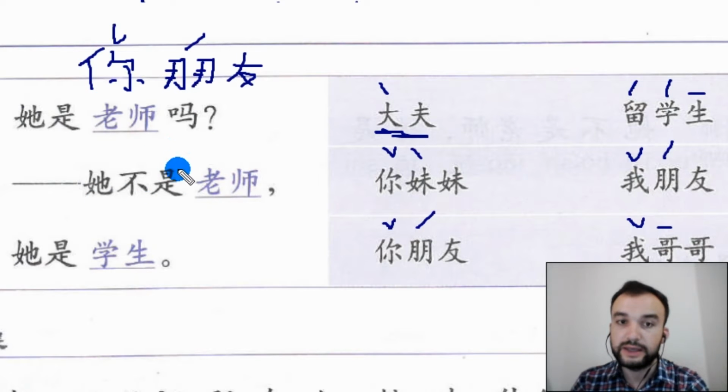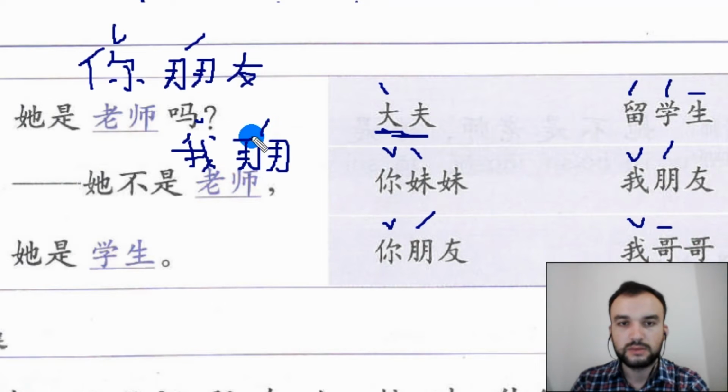We change this again. Is she your friend? She's not my friend. 她不是我朋友. She's not my friend.